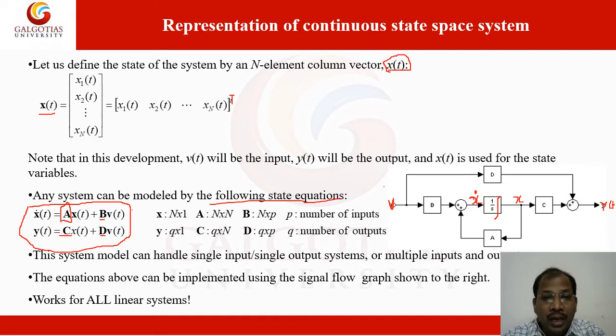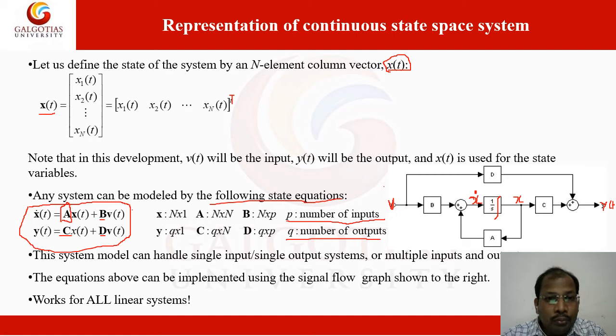Suppose capital N is the total number of state variables, P is the number of inputs and Q is the number of outputs. We are supposing a system having N state variables, P inputs and Q outputs. I am talking about the MIMO system.